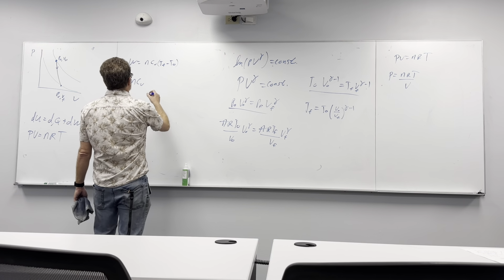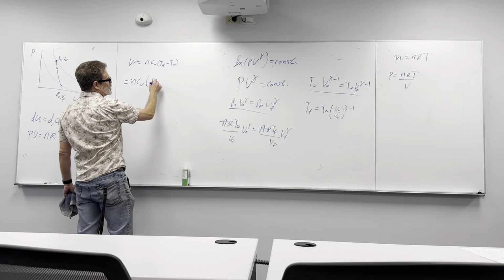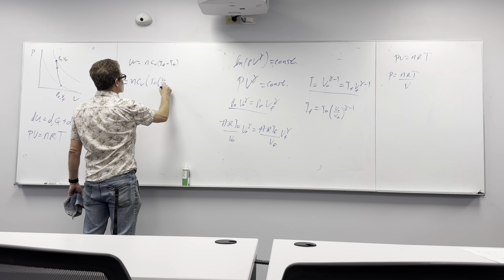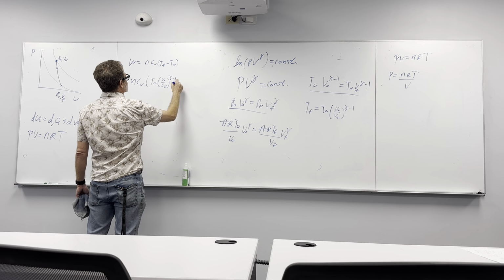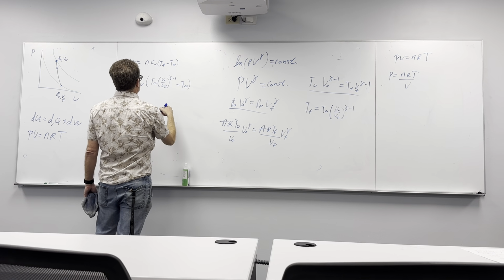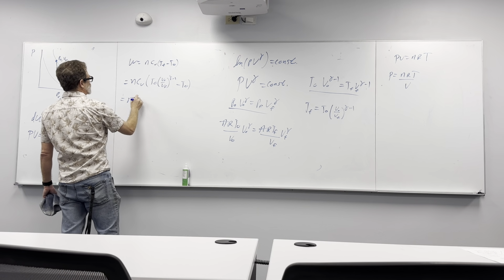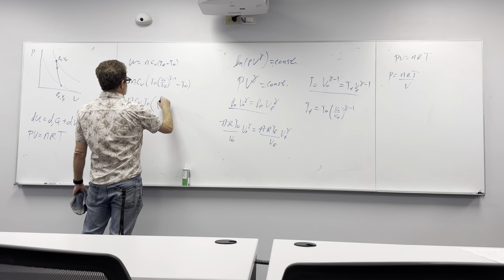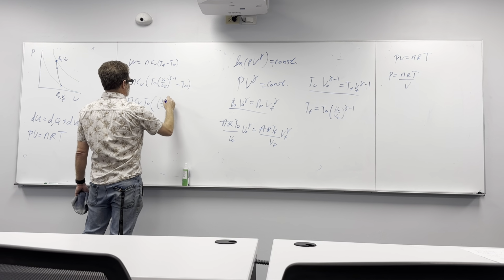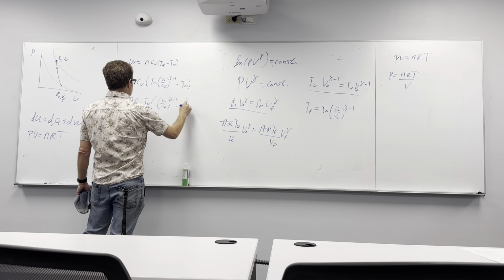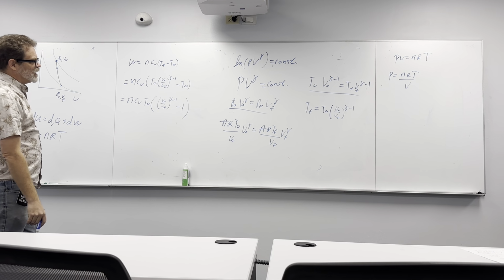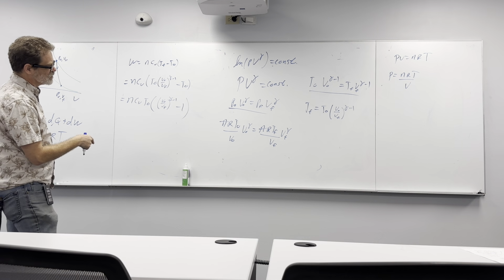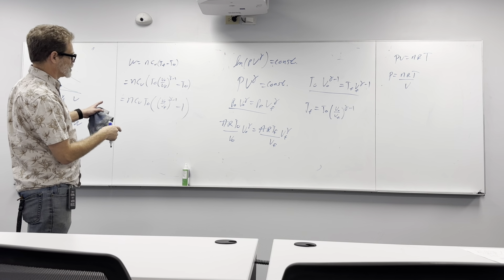So we get nCV times T naught V naught over V final to the gamma minus 1, minus T naught. And I can write T naught in terms of the initial pressure and volume, because usually you'll do that for adiabatic.